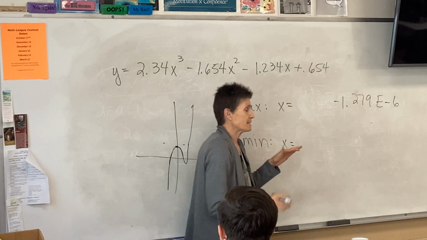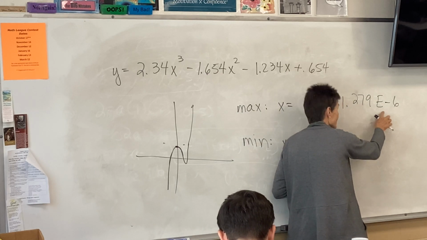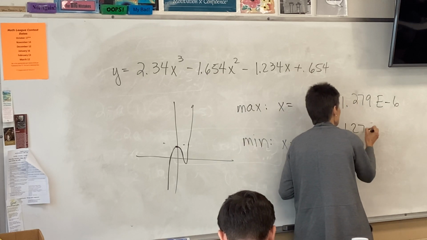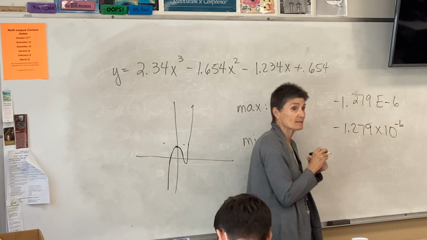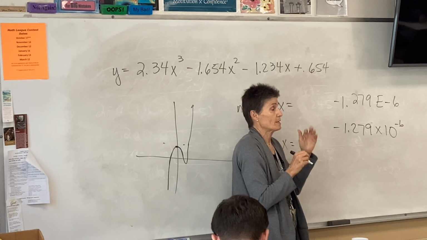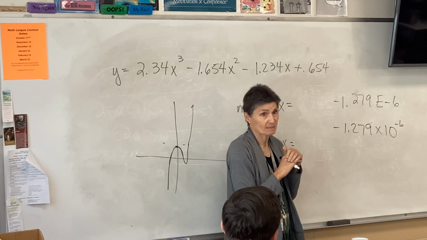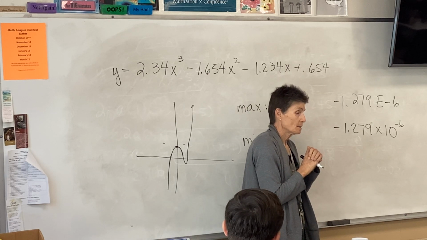Now, let's keep in mind, this is scientific notation. That's what that is. So negative 1.279 times 10 to the negative 6. What kind of a number is times 10 to the negative 6? Very, very small. Would you agree?